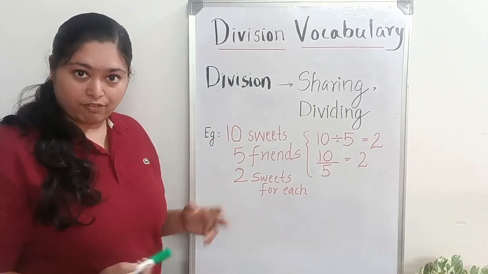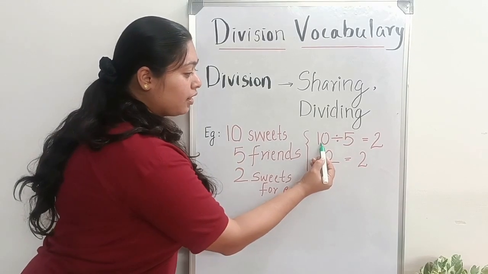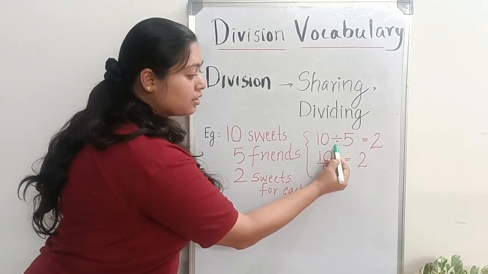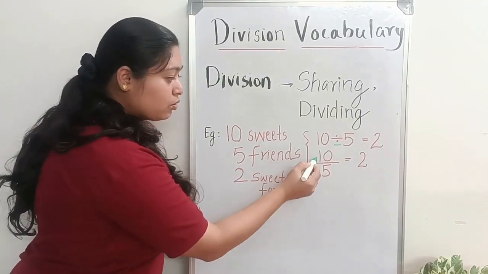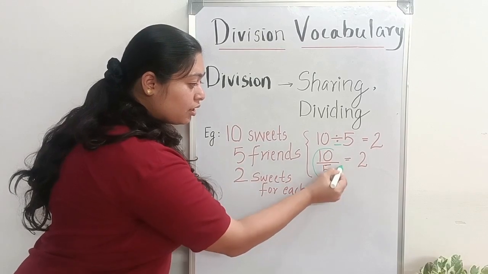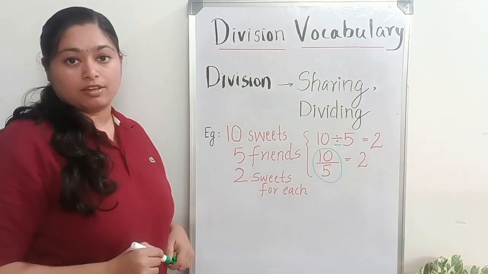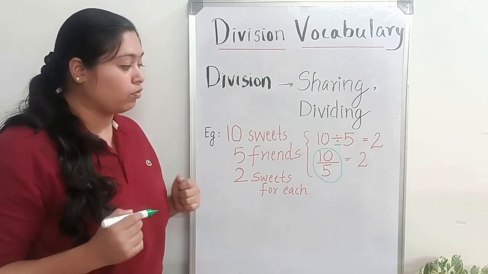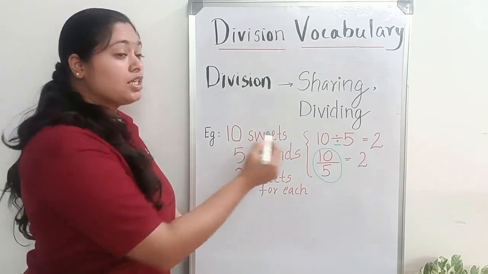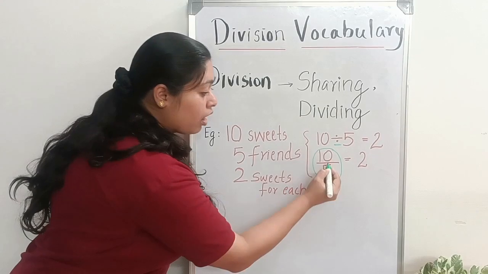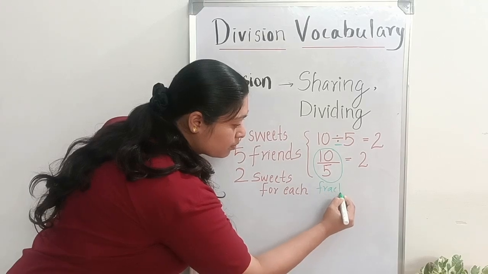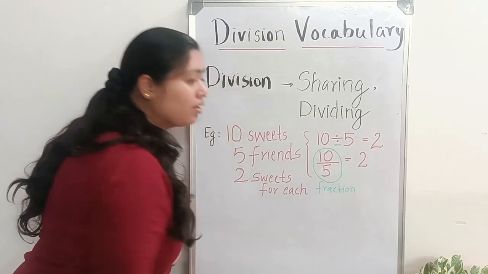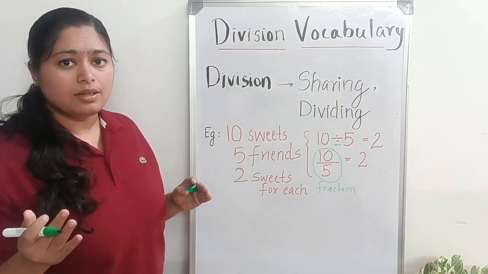You can write it in different ways. You can write it 10, with this symbol, that is a division symbol, divided by 5 equal to 2. You can also write it like this, 10 by 5, or 10 out of 5, 10 over 5. Why I specifically mention this is because this is also something called fractions. So some of you might be thinking, is fraction same as dividing?